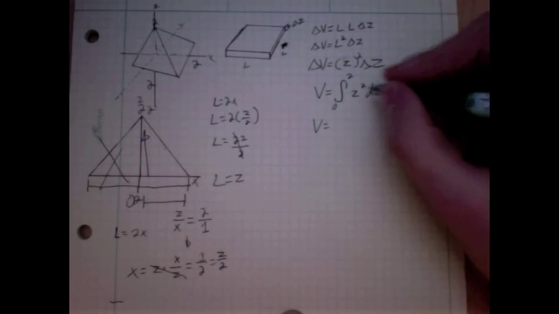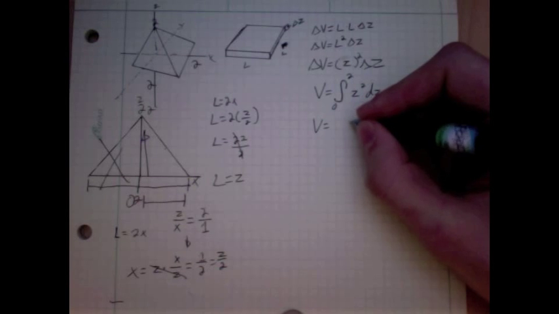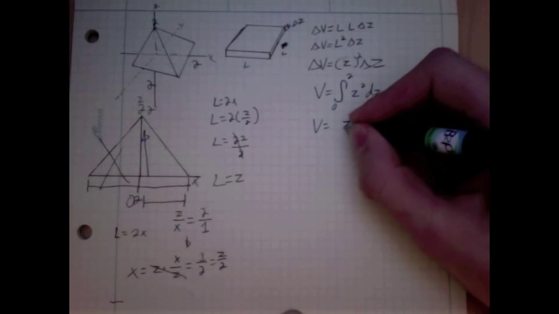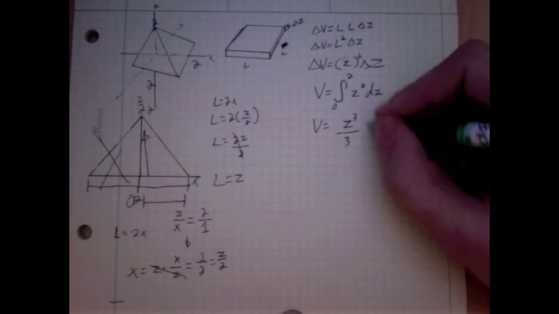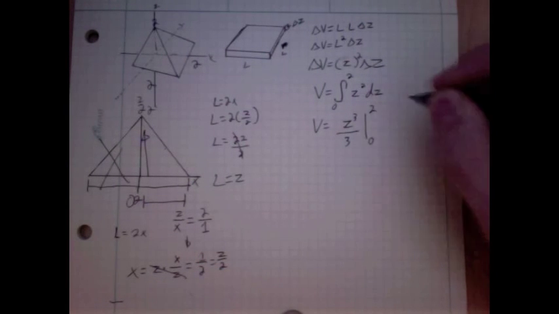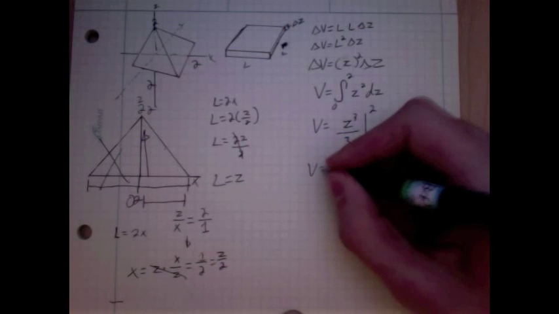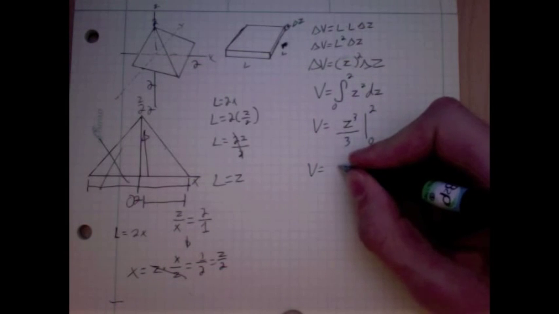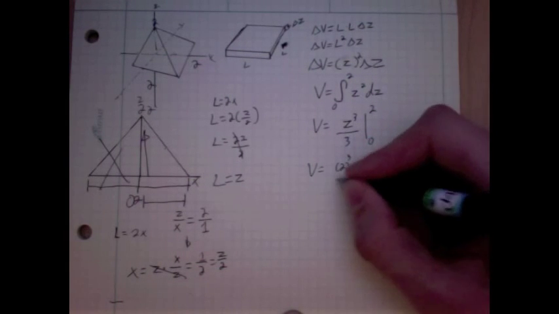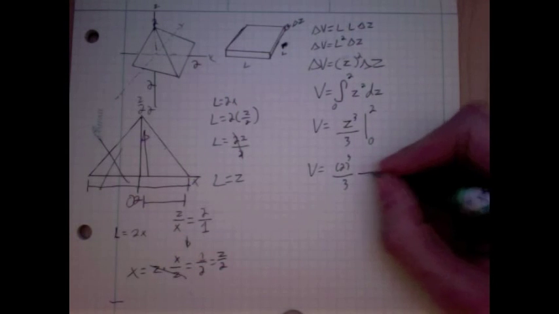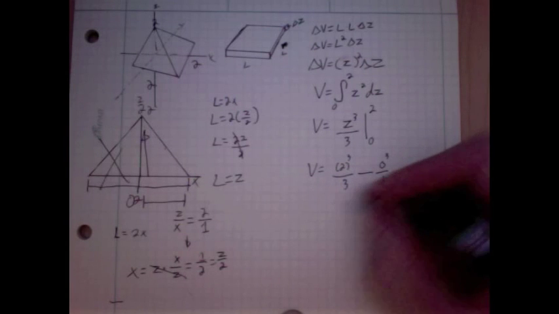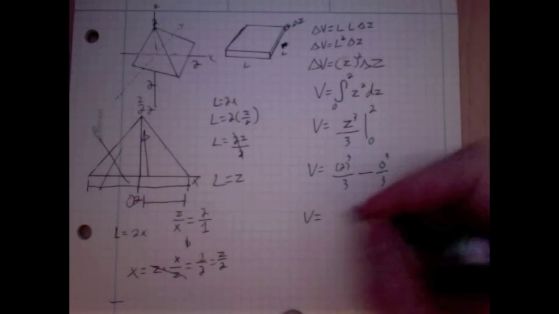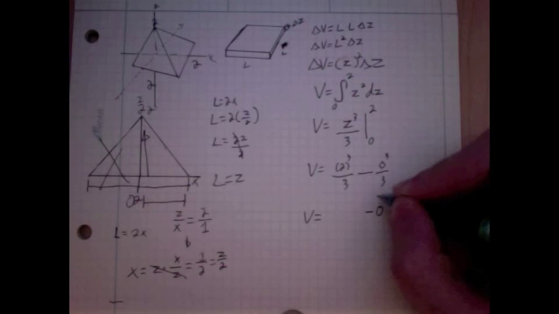So the integral of that is a pretty simple integral actually. We can just do Z cubed divided by 3 evaluated from 0 to 2, which gives us V is equal to 2 cubed over 3 minus 0 cubed over 3, which is just 0.